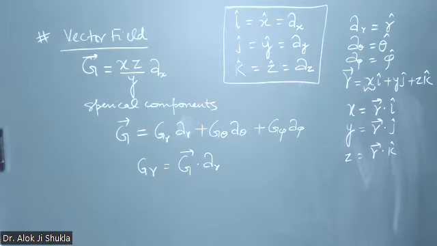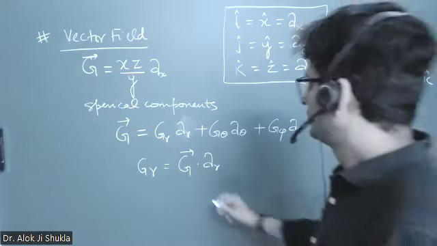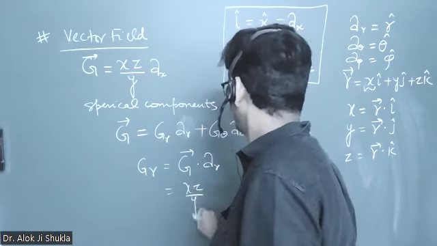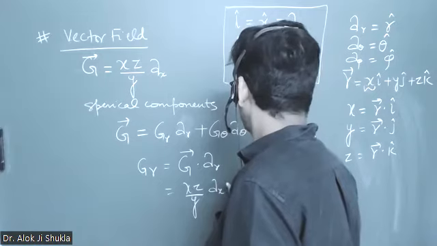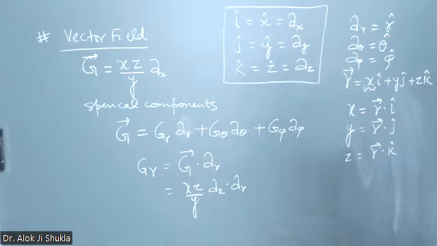So take G dot AR. So it is XZ by Y AX dot AR. See the dot product in your table, AX and AR.